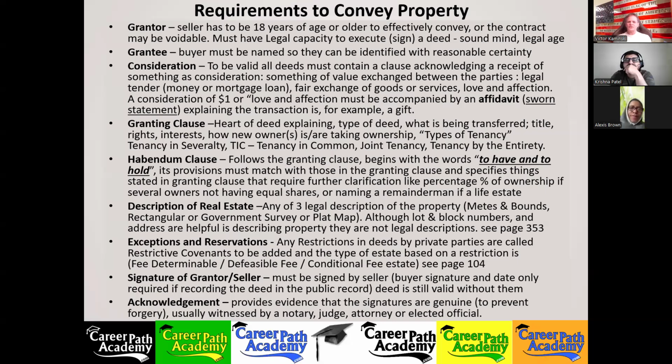And then the signature on the deed by the seller. The seller needs to sign. A deed is not valid if the seller does not sign it. And the acknowledgement, an acknowledgement proves the signatures are genuine. So anybody who signs a deed, their signatures should be acknowledged to prevent forgeries.